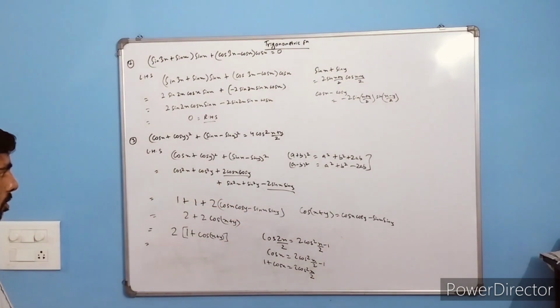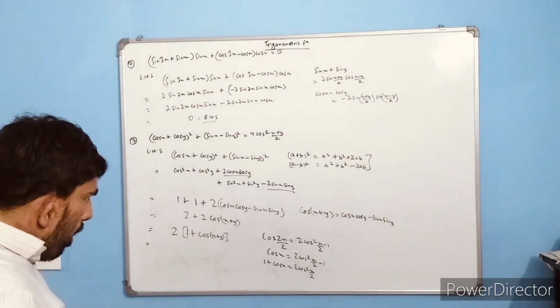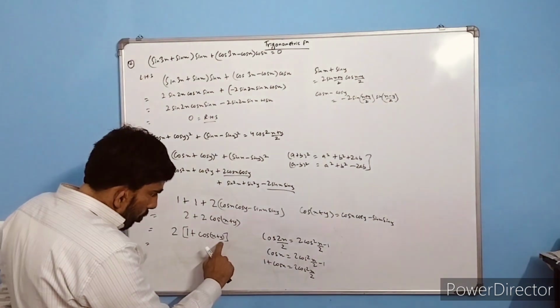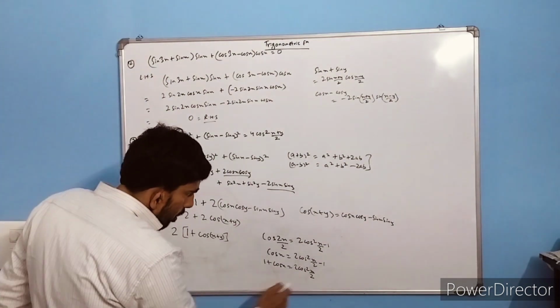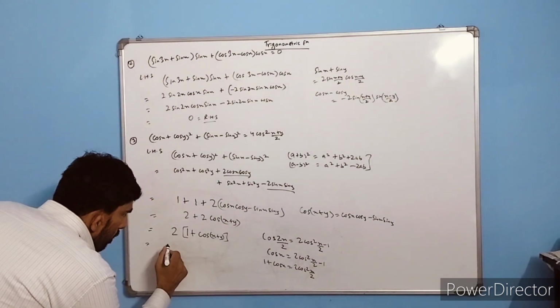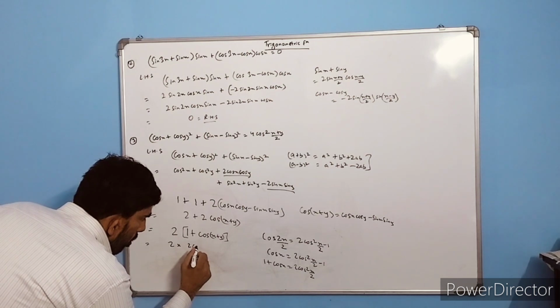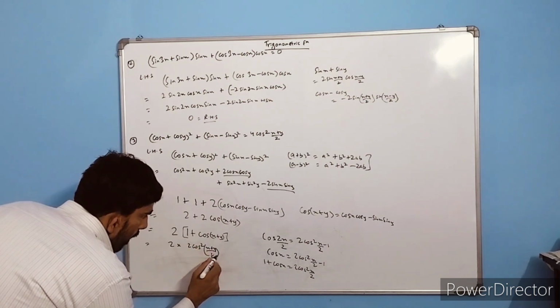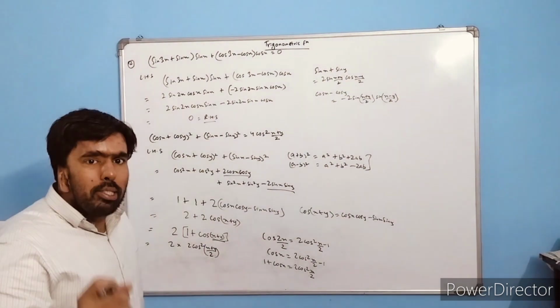Okay, so now we are left with this 1 plus cos x. So I can write this 1 plus cos x as 2 into 2 cos square (x plus y) by 2, because x plus y is x.